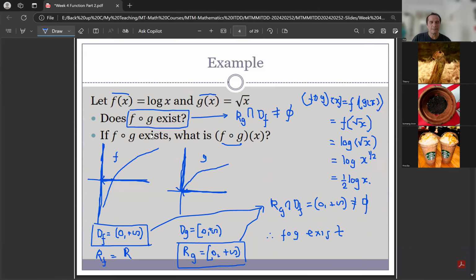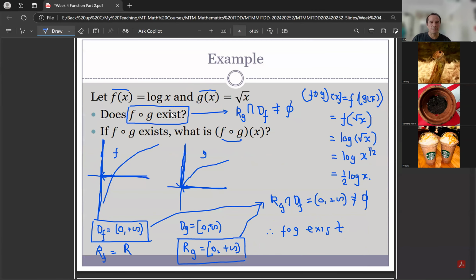In other examples, we must find this condition when the problem asks us to find the existence of the composition of function.